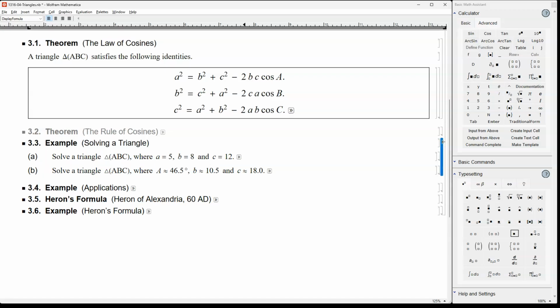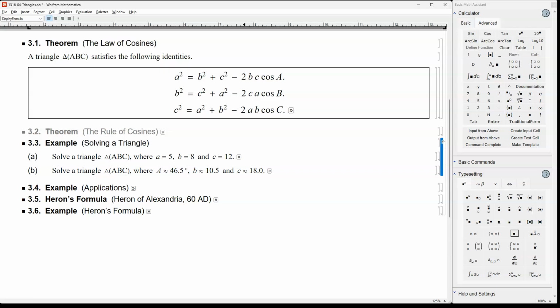First, solving a triangle. Solve triangle ABC where a is 5, b is 8, and c is 12. So this is the SSS triangle case. We have 3 sides, and that identifies a triangle, right? What are the 3 conditions for congruence?